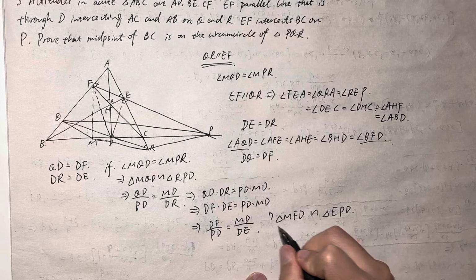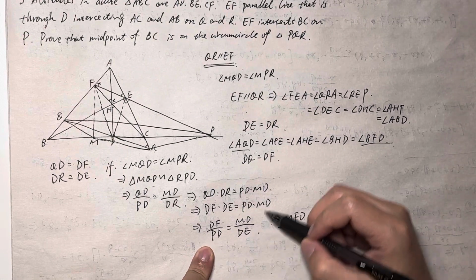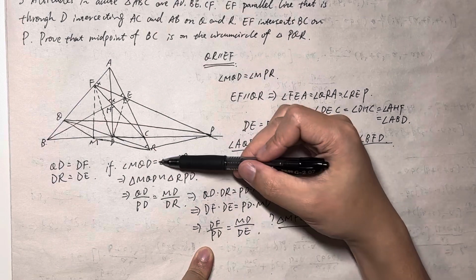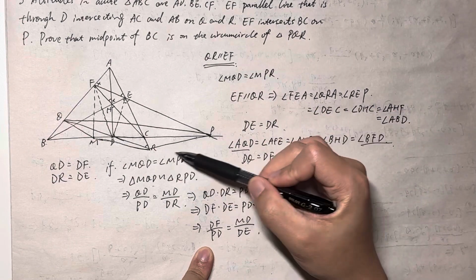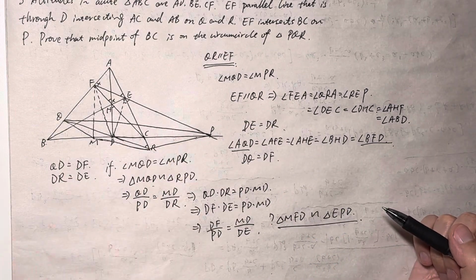We just need to prove this. If we can prove this, then this would be valid. All of these equations are valid, and we can get these two angles to be equal, and then we know that the 4 points are cyclic.